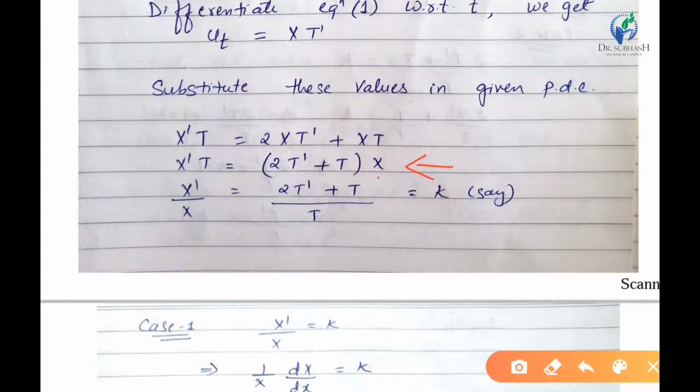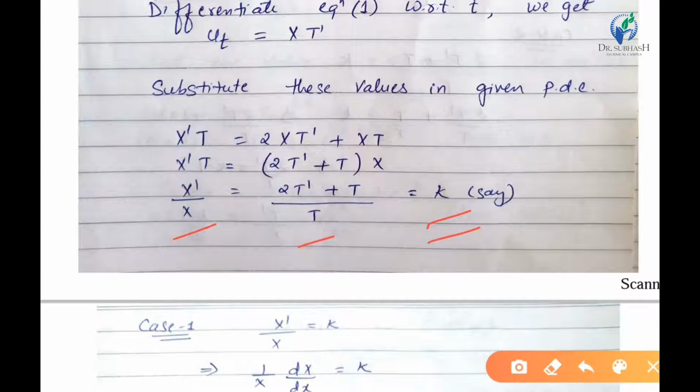This X will go to the denominator of X', and this T will go to the denominator of 2T' plus T. Likewise, we have separated the terms and now we will compare it with some constant, say k. While separating, we have to remember that X' and T' terms will never go to the denominator because those are the differentials.